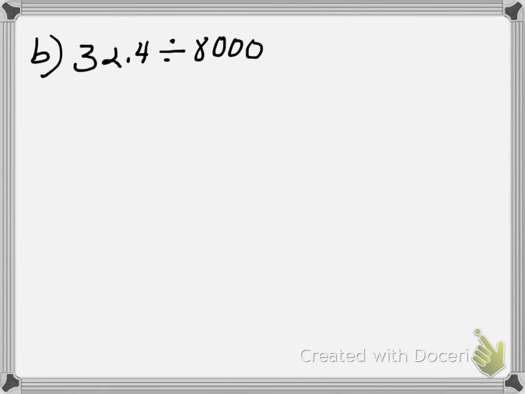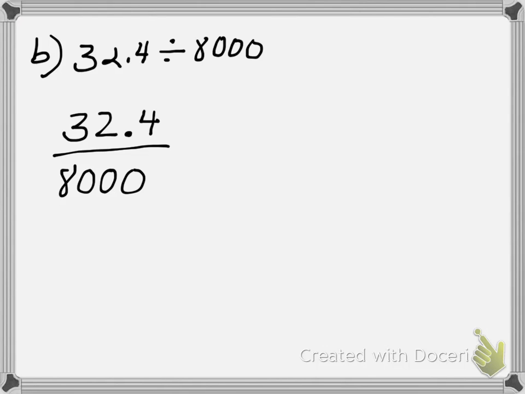So for our next one, we have 32 and 4/10 divided by 8,000. So I'm going to write it again as a fraction. We're going to want to make this into just an 8 to make it simpler. So we do that by dividing by 1,000. To divide this by 1,000 on the bottom, we're going to take off the 3 zeros.